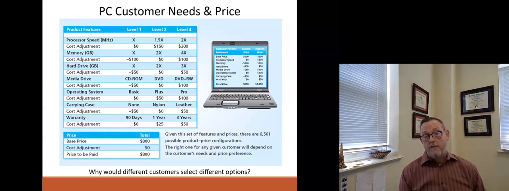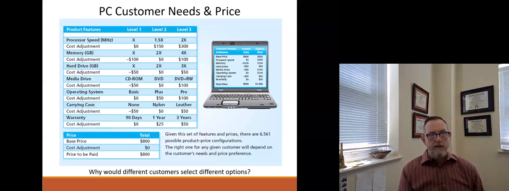So here we have product features, and you move up from 1, 2, and 3. And if you don't need a fast computer, then you don't want to pay as much for it. But if you need a faster computer, the company, as a result, charges a premium for that fast speed. Right? So that's kind of what we're thinking of here.